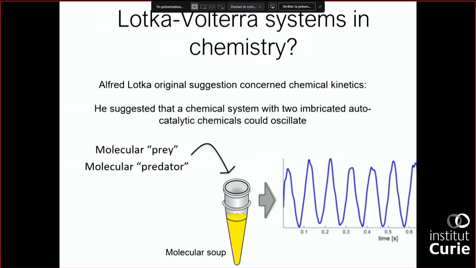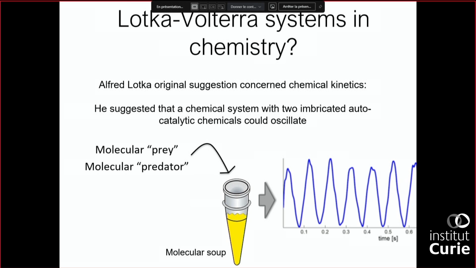In the particular case of this system, in fact, Alfred Lotka discussed this set of equations to try to propose a model explaining the first observations of oscillatory systems in chemistry. So at the time, it was something like 120 years ago, at the beginning of the 20th century.